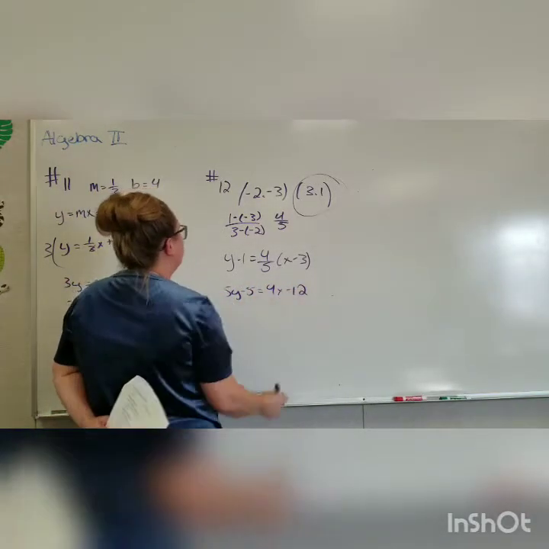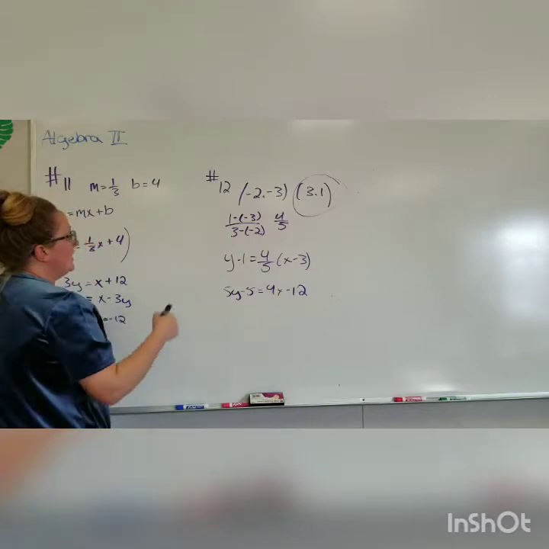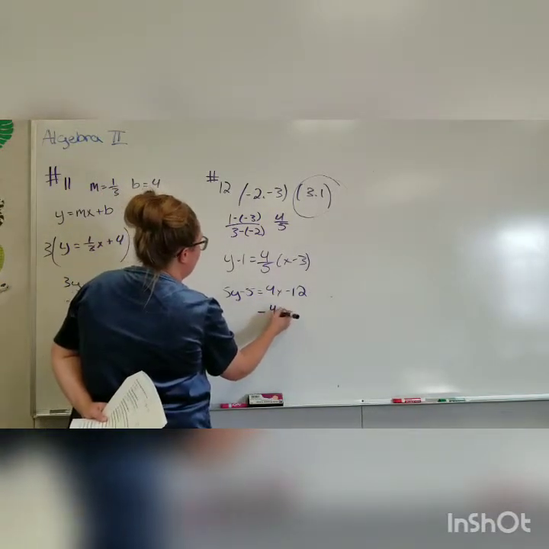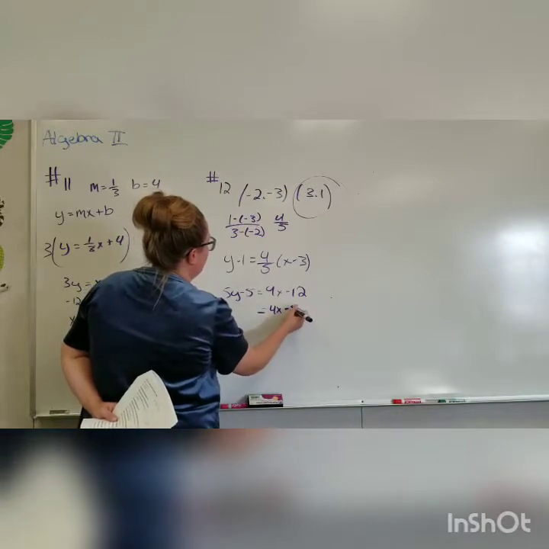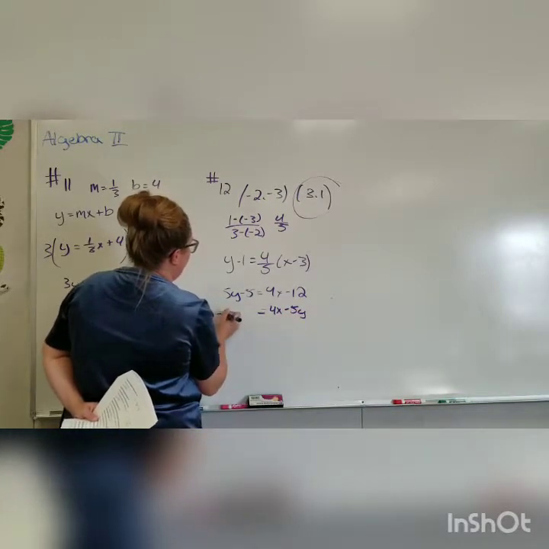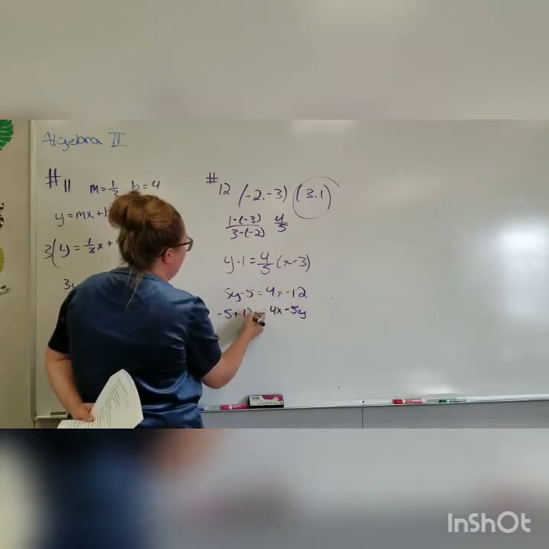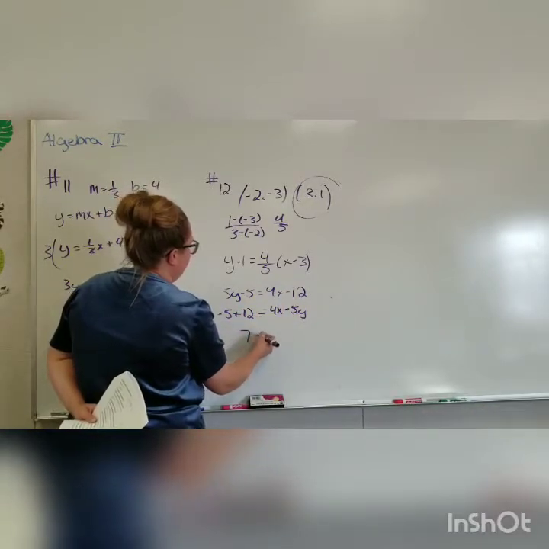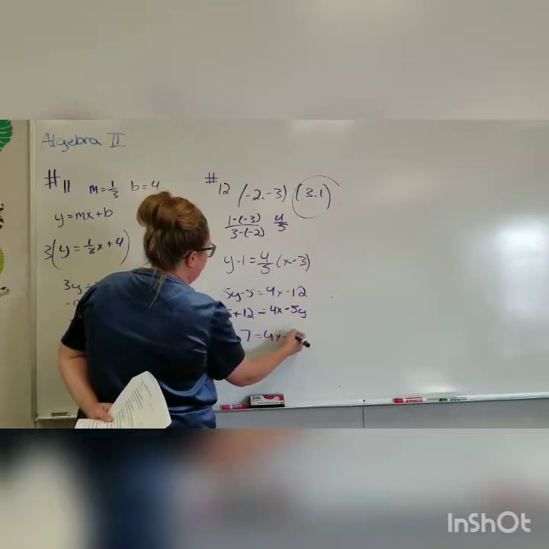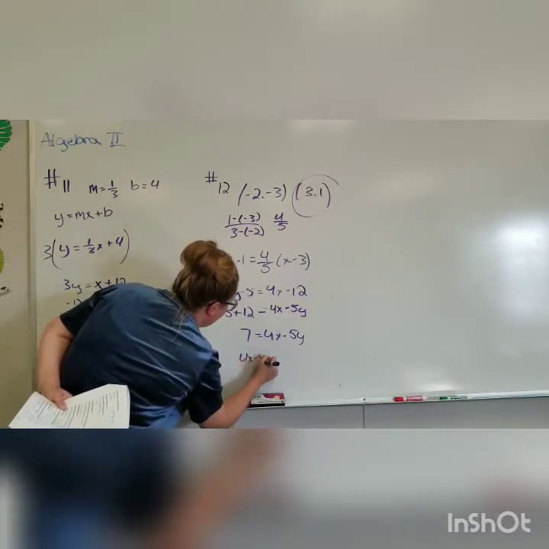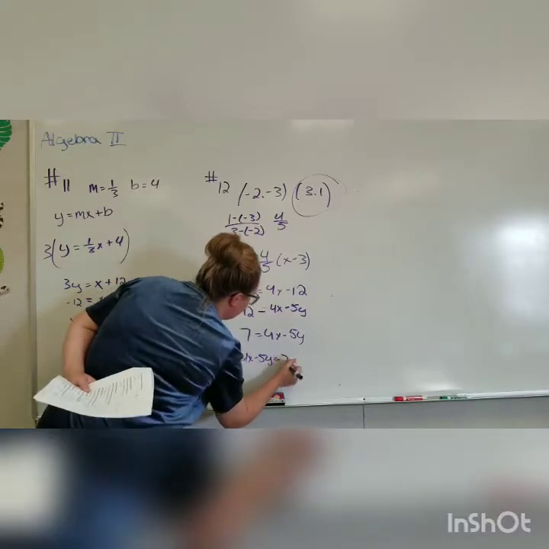I went ahead and just did the multiplication. Again, in standard form, you're going to leave x where it is positive. Move the 5y over there with it. Over here I have a negative 5. Then I'm going to move my negative 12. Over here it's going to add, which gives me a 7 equals 4x minus 5y. So in standard form, 4x minus 5y equals 7.